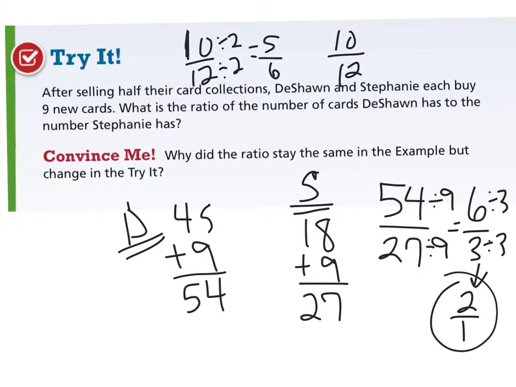We can't just say, well, I've got 10 twelfths, I'm just going to add 4 to both of these, and now I've got 14 sixteenths. That does not give you an equivalent fraction, and that's why our ratio was not an equivalent ratio. It did not stay as a ratio of 5 to 2. It now changed to a ratio of 2 to 1.